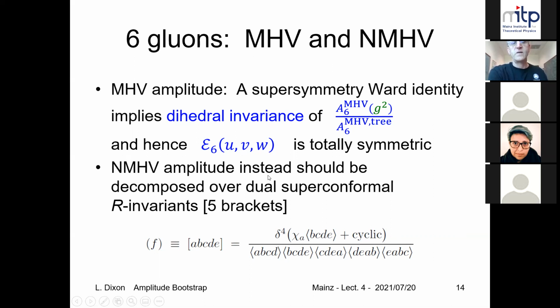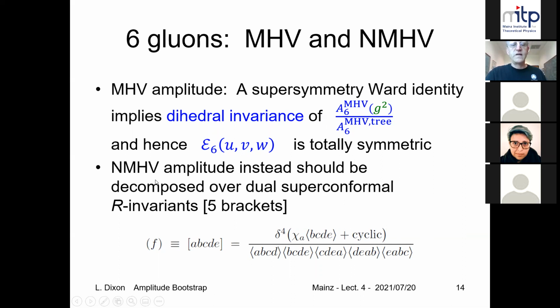The NMHV amplitude, in contrast, is a quantity that should be decomposed over, it's not really a scalar in superspace. The MHV amplitude has a very simple structure in superspace. It's basically a delta function.